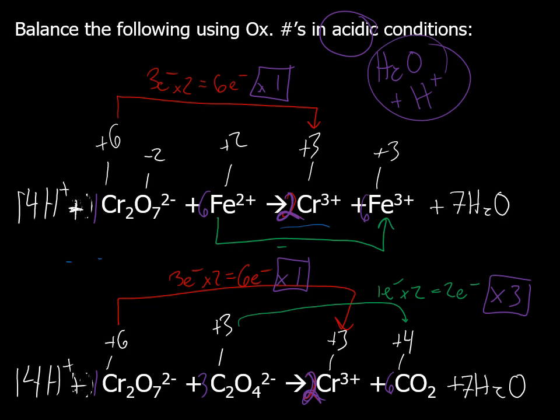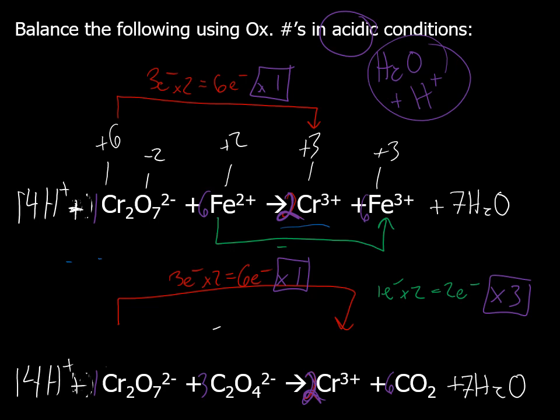So we have 14 hydrogens on the right, and now we want to check to make sure that works. If our atoms balance out, then we can check our charges, and they should also balance out. So on the right hand side, let's get rid of the oxidation numbers so I can see this a bit better. On the right hand side, I've got positive 14.